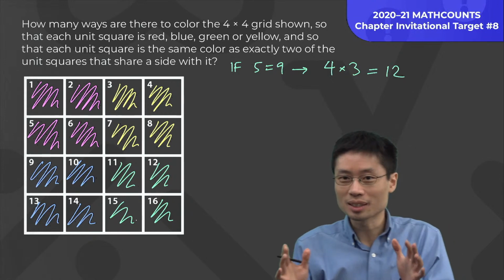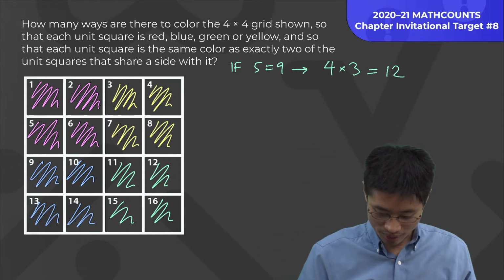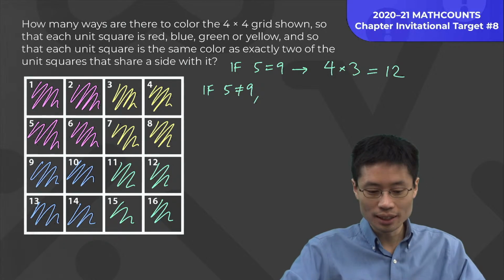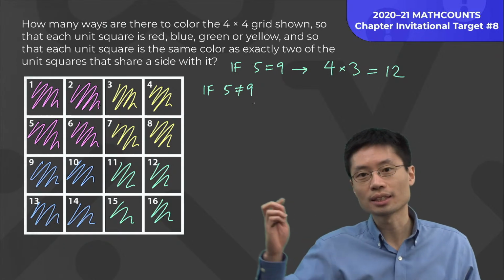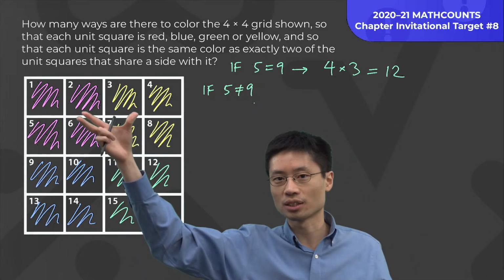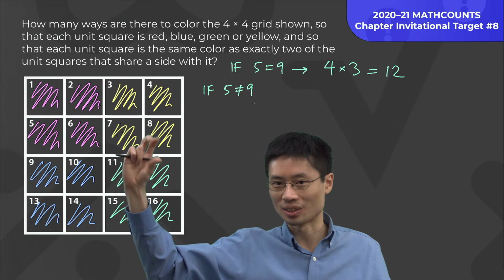So the other possibility is, if 5 is not equal to 9, then what I need to have is that somehow these 4 pieces need to be such that there's not 2 of the same color right next to each other.